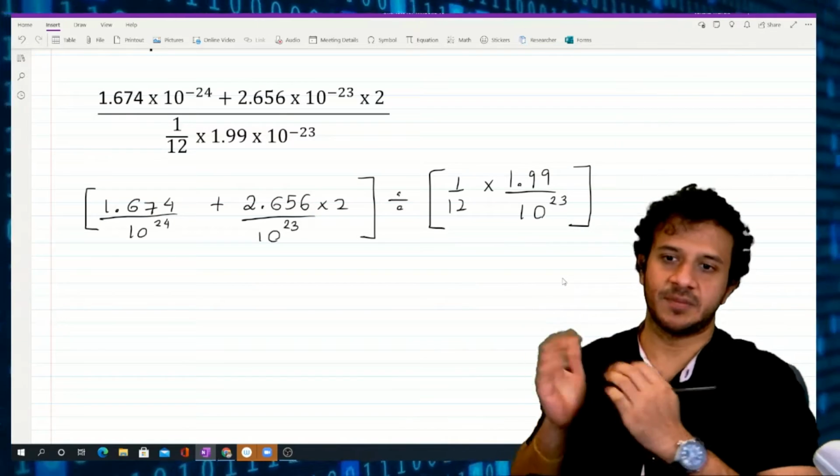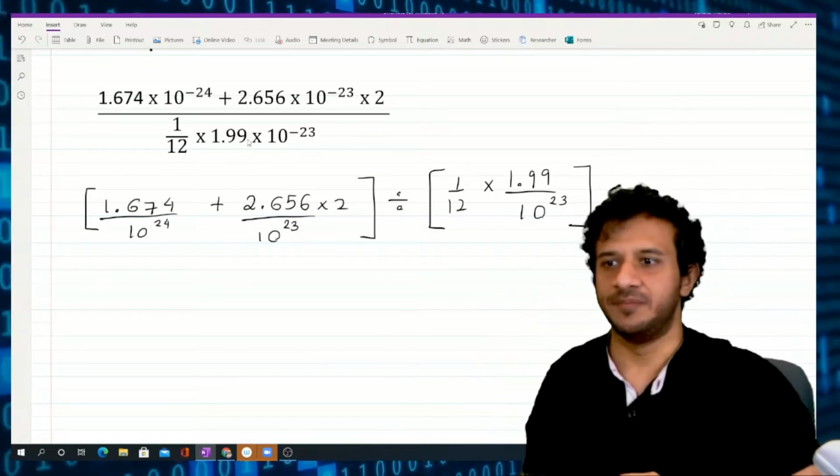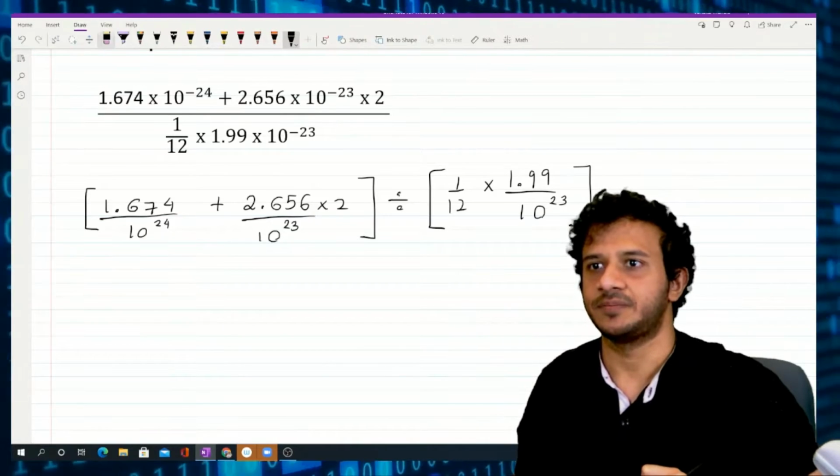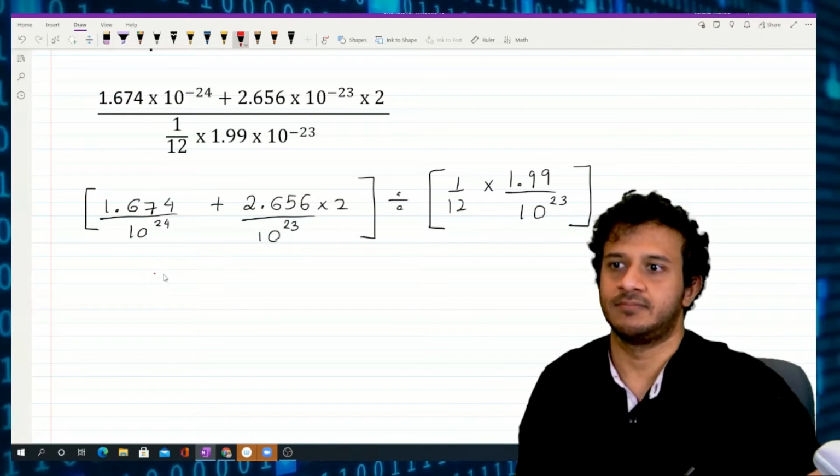That's my first step. So all the negative powers I just got rid of. And then try to make the denominators the same.